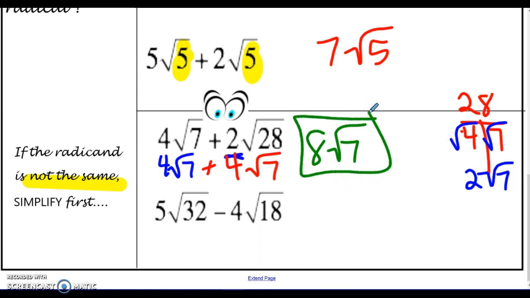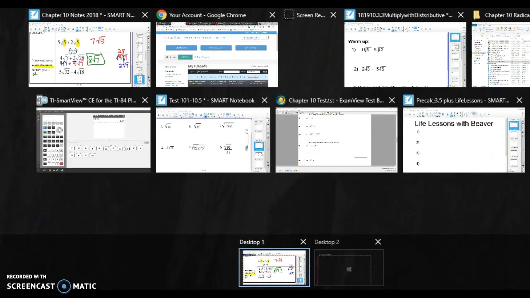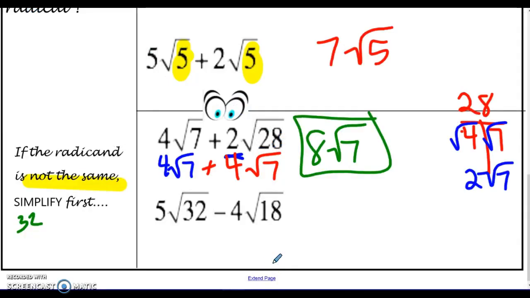All right, let's look at this one. 32 and 18. Well, 32 doesn't go into 18, but is there something that comes out of both of them? Yeah, 2 comes out of both. So 32 is, what comes out of 32? 16 and 2.